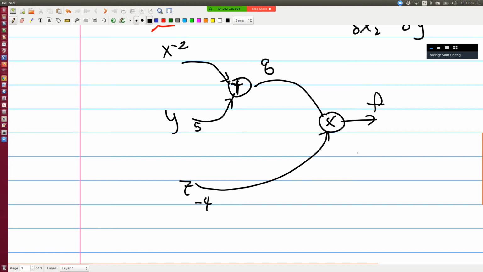I know it's a super simple example, but if I want to find the partial derivative of f with respect to everything, then I have partial f, partial q. By the way, f is a multiple, right? So f is actually equal to q times z. What's partial f, partial q?